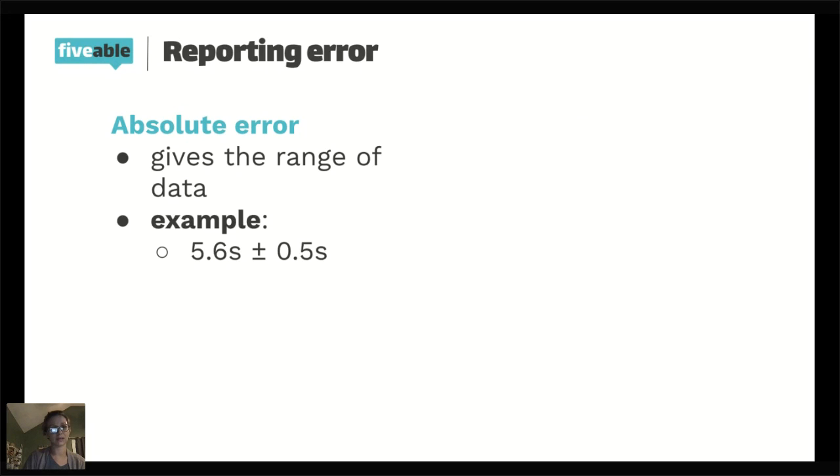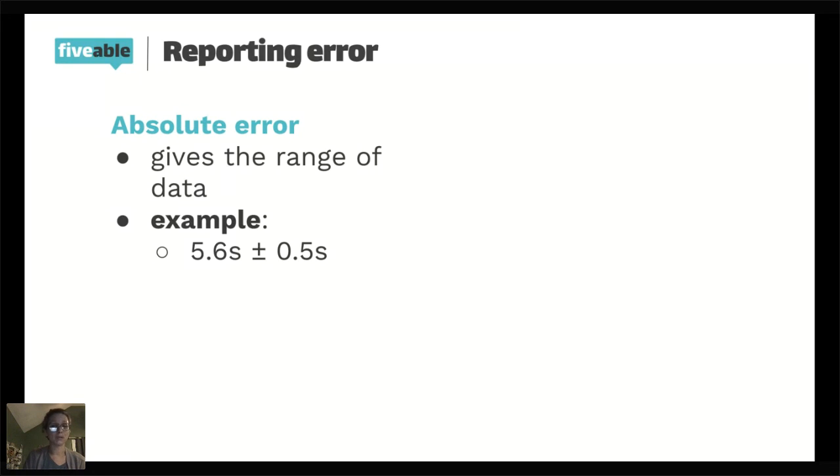So what that would look like is if you're measuring a time, for example, you might say 5.6 seconds plus or minus 0.5 seconds. So it tells you it might be as high as 6.1, or it might be as low as 5.1, right? So it's telling you it's off by this amount. This is maybe less common in science, but it's certainly very common in election data, for example.